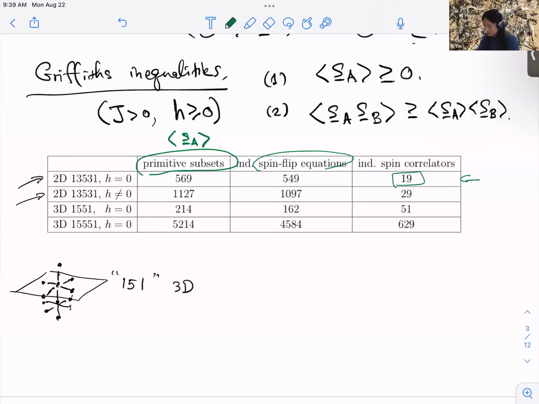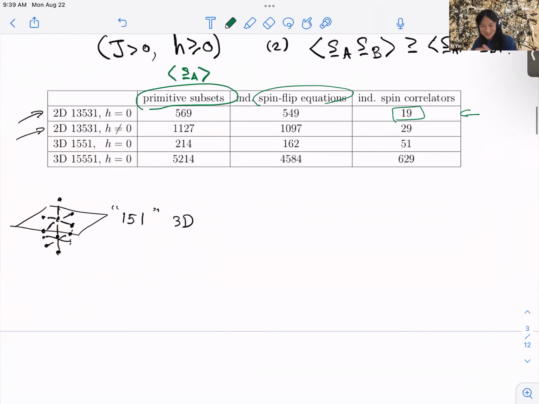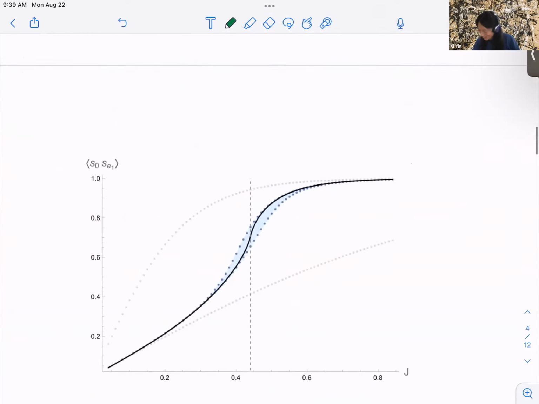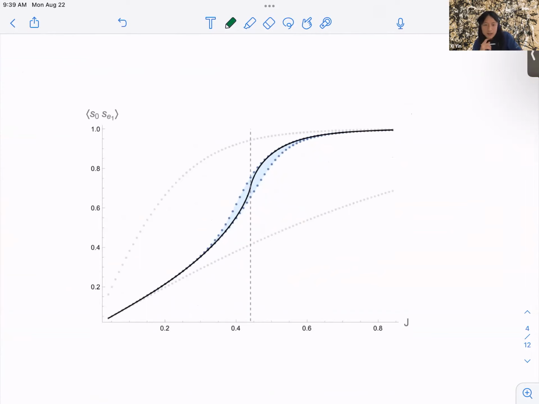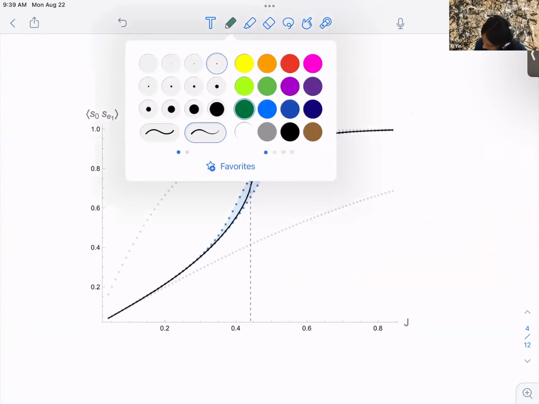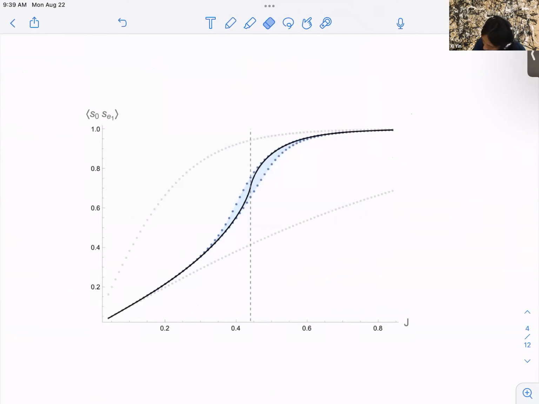Okay. So now let me present the actual numerical results. Now that you have an idea of how this numerics works, but you have to use the more complicated solver on a cluster. This is a plot of the nearest spin correlator on the 2D Ising model, on the square lattice at h equals 0, where I'm considering the nearest spin correlator.